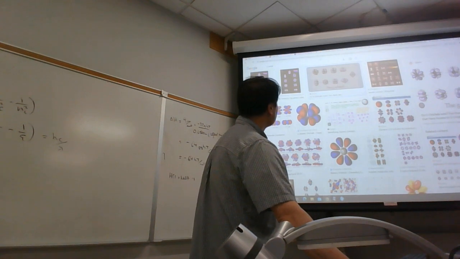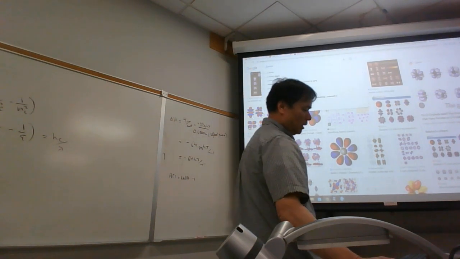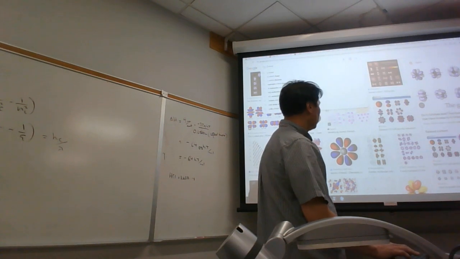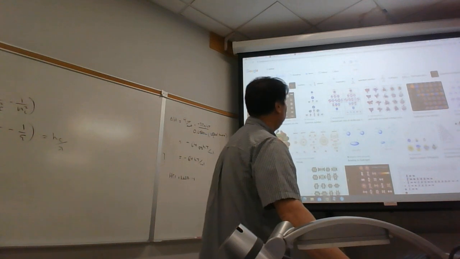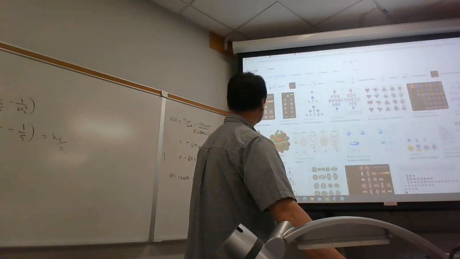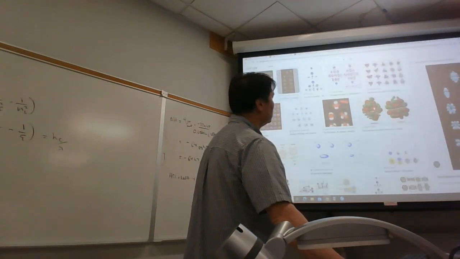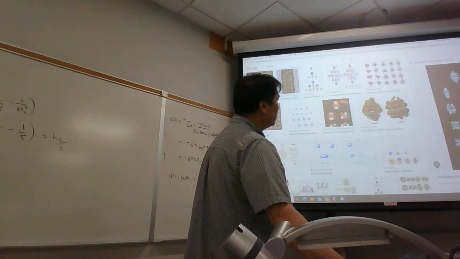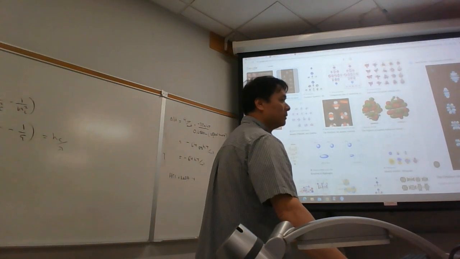Let's test our pattern here with H orbitals. How many lobes do you predict on an H orbital? Main lobes? 10. Like 10? Yeah, maybe 10. Let's see if we can find the H orbitals here. H orbitals. Yeah, here, 6H. Let's count it here. 1, 2, 3, 4, 5, 6, 7, 8, 9, 10. Pretty good.